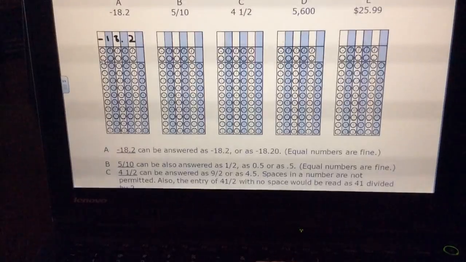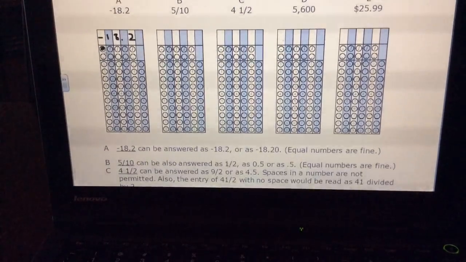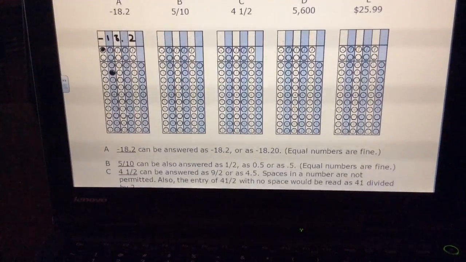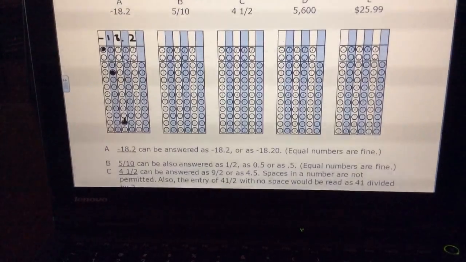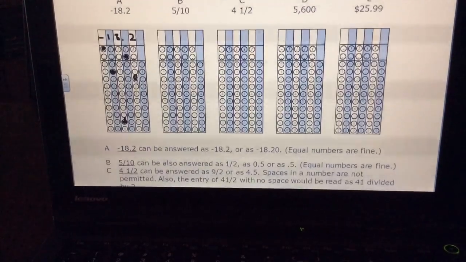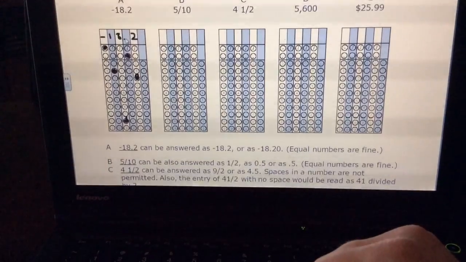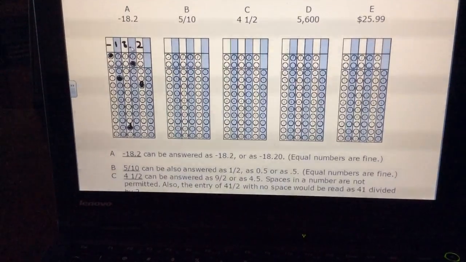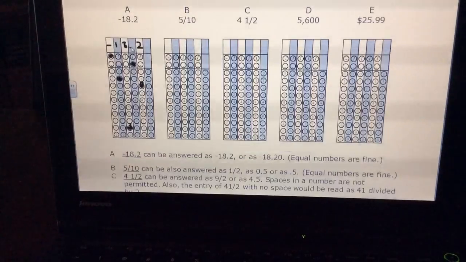And then we just have to do the bubbling, which is not going to be easy for me to do with this computer like this, but 18, decimal, and a 2. I would think everybody's pretty good at the bubbling. This is the important part. Once you get this set in there, the rest of it's easy. And if you'll see down under it, it says negative 18.2 can be answered as negative 18.2. I mean, just the way it is.